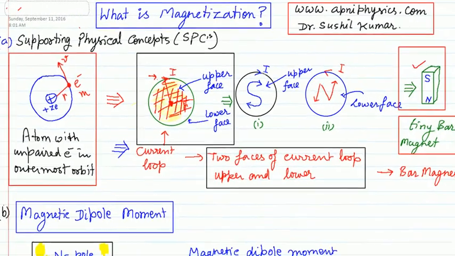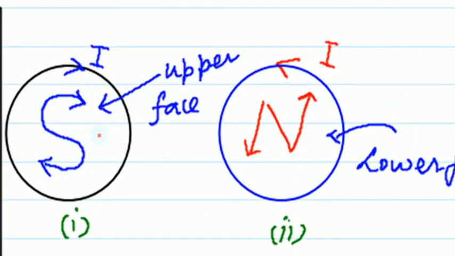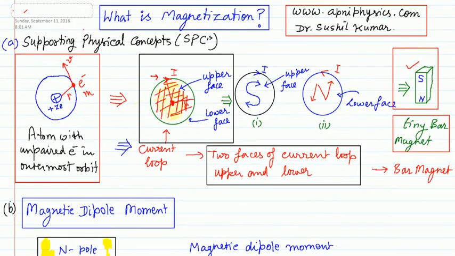Here the important point: if the current is flowing in clockwise direction, the upper face actually behaves like the south pole, and obviously the lower face will be the north pole, because monopole does not exist according to the Maxwell equation, del dot B is equal to 0. So del dot B equal to 0 indicates that monopole does not exist. We are saying that the upper face of the current loop is the south pole and the lower face is the north pole.